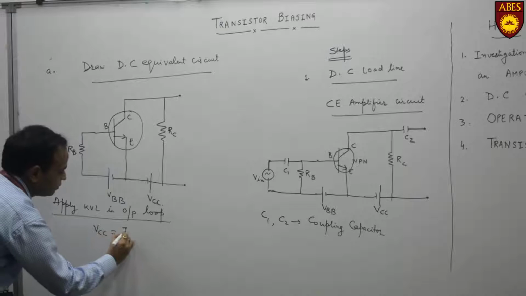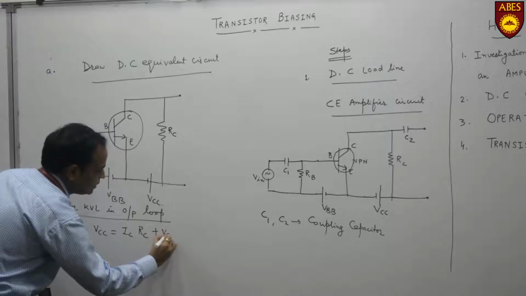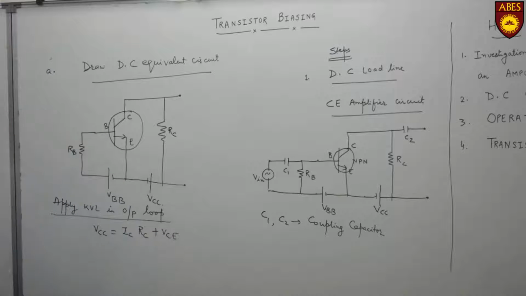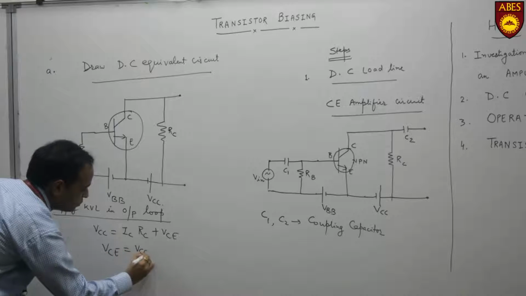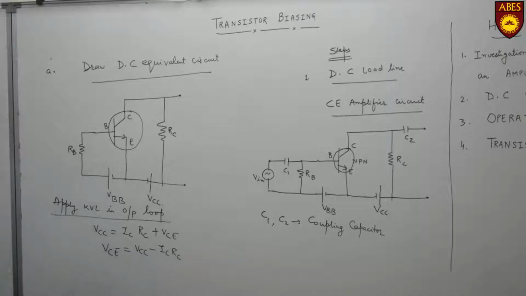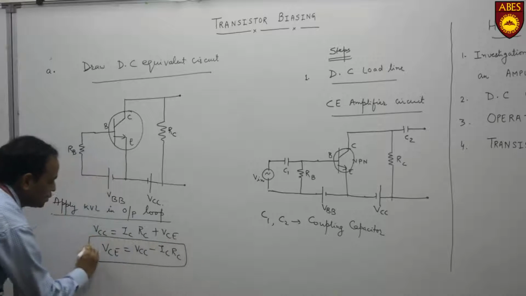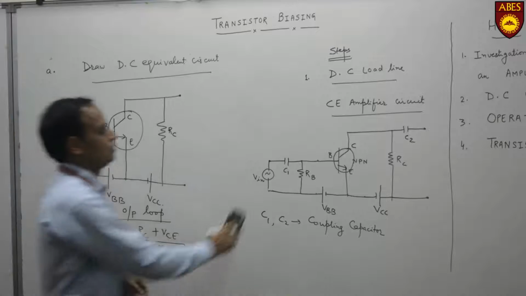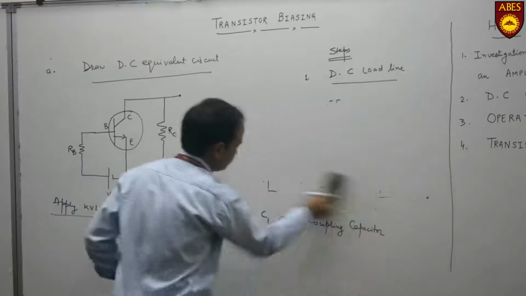We get VCC is equal to ICRC plus VCE. Hence, VCE comes out to be equal to VCC minus ICRC. Now, this is my elementary equation which is going to help me draw the DC load line.